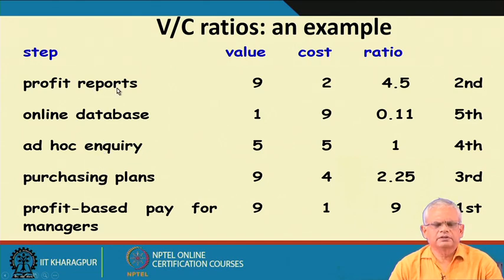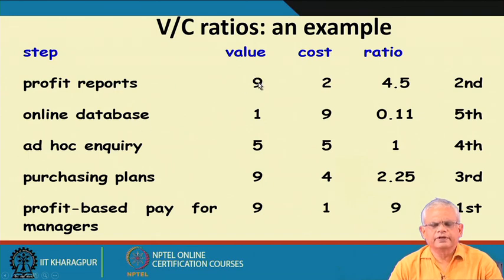Generate the profit reports, implement the online database, implement ad hoc inquiry, implement the purchasing plans, implement the profit based pay for the managers. These are the 5 functionalities that the developers have the choice of.